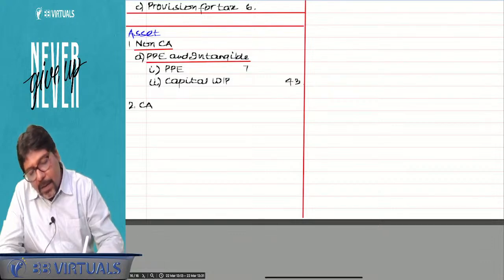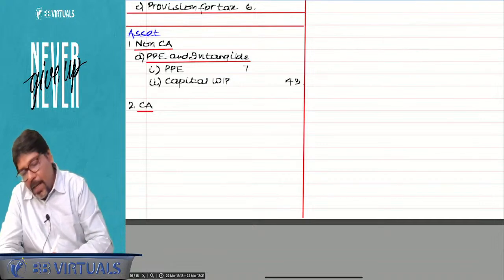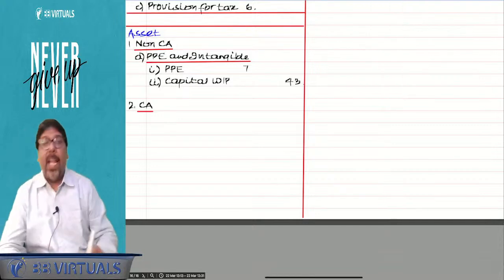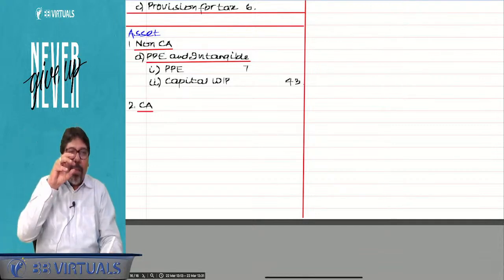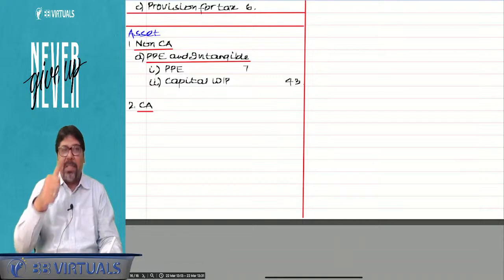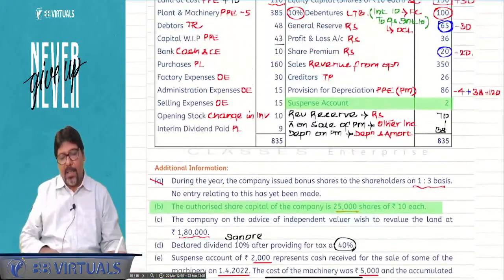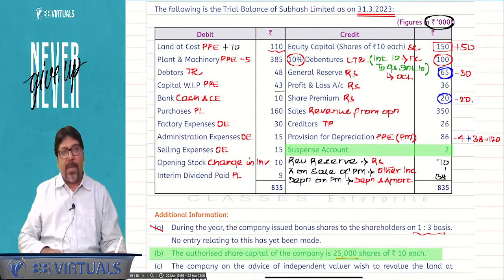In current assets we have A. A is short-term investment, current investment. There is no investment. You can check, no investment on the asset side.